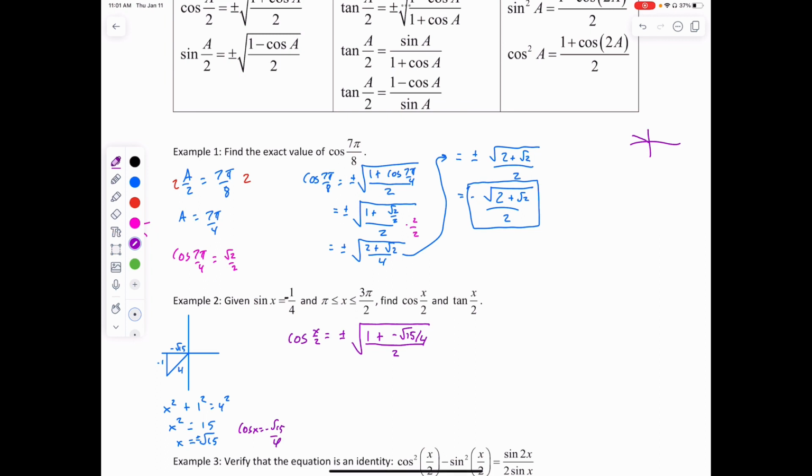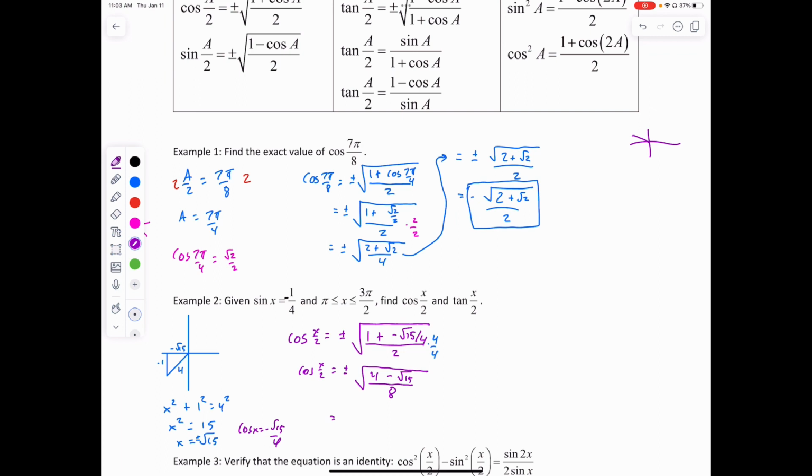In this next step, I'm going to simply multiply by 4 to get rid of these common denominators. This is equal to the square root of 4 minus radical 15 over 8. The only thing we have to do now is determine whether it is plus or minus.